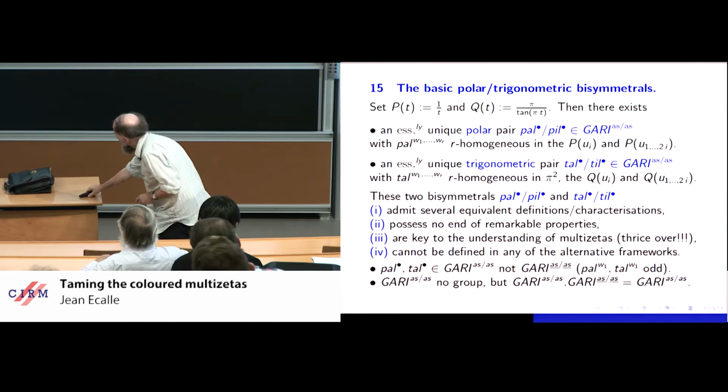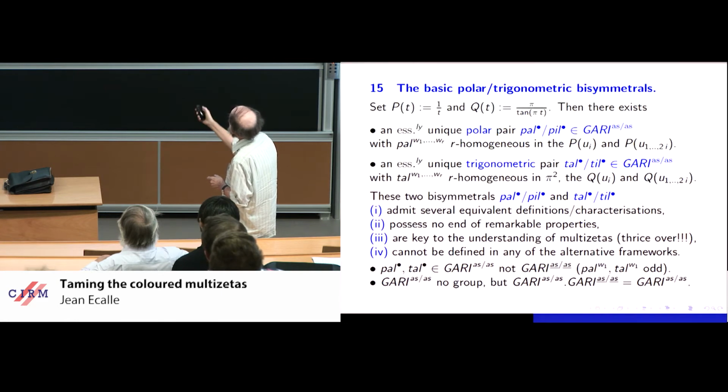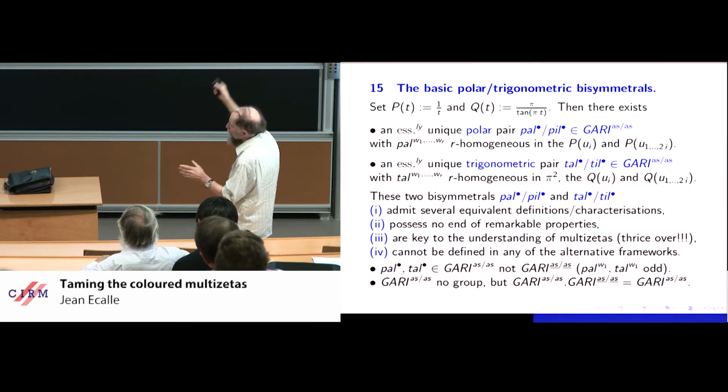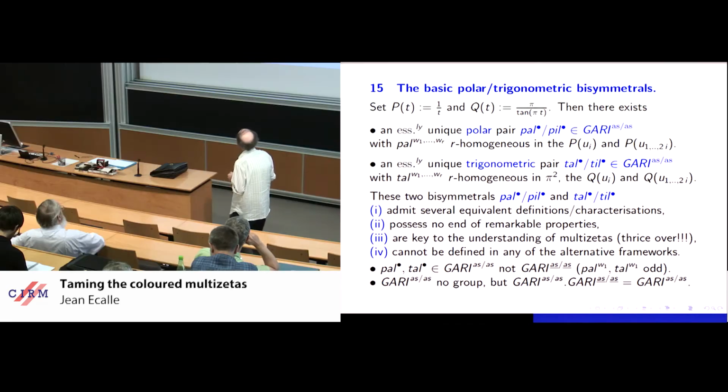They are characterized by these properties. They are homogeneous polynomials in P of the ui's and the partial sums starting from 1. And the same for the trigonometric series plus P squared.